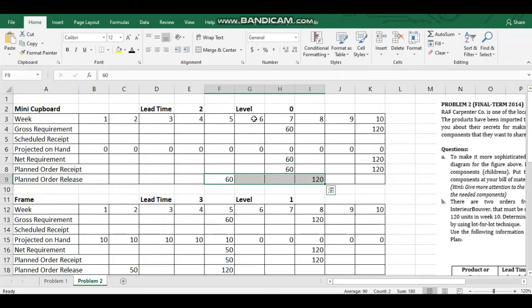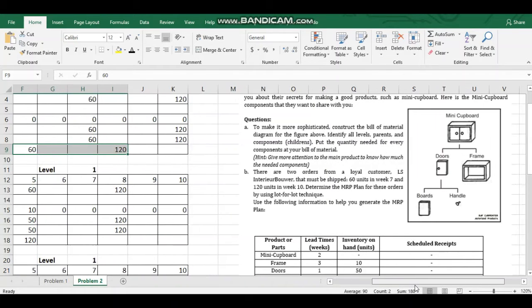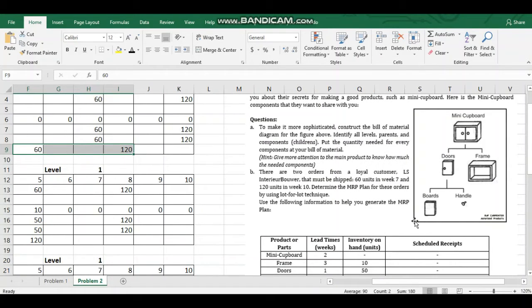Okay, so it will appear on week 5 and week 8, but please take note that for doors here we need 2 doors for 1 mini cupboard.